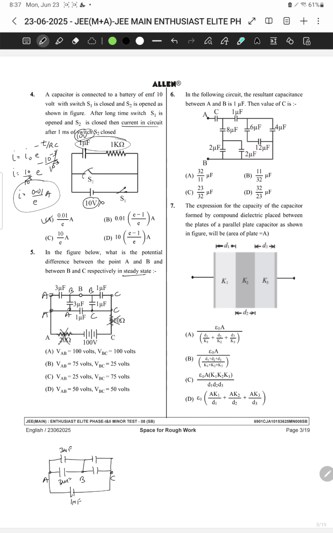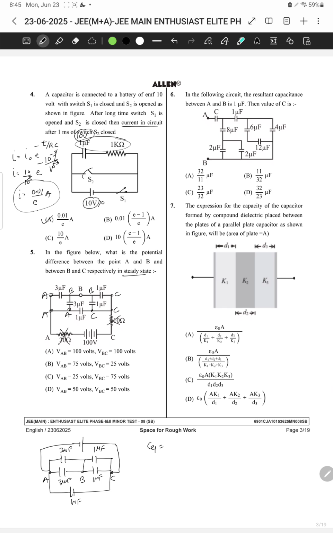Okay, there are 2 capacitors connected between this one. Clear? And now it says that there's a battery connected between A and C. So it is like that. Now when the charge will flow here, we can calculate the charge. This 3 microfarad and this 3 microfarad are in parallel, and they are in series with the rest.